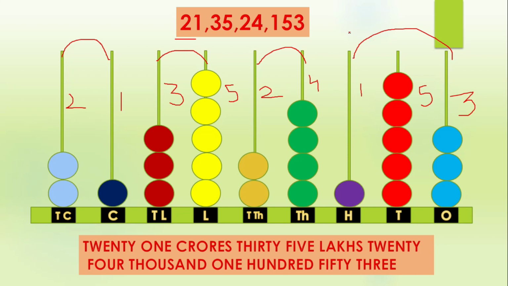Now children, one thing I would like to explain here: we write the number simply, and then in the Indian system of numeration, we put some commas. First comma is after 3 digits, then the second comma after 2 digits, then again a comma after 2 digits, right? So you have to particularly note how to put commas according to the Indian system of numeration.